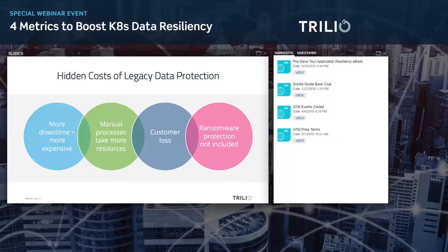Whereas being automated with a cloud native solution, you don't have to worry about those human errors coming into place. Customer loss, if you have downtime, of course, is going to affect your bottom line. And then any ransomware protection is usually not included in those legacy data protections. It's also not included in open source solutions that are out there, at least today.